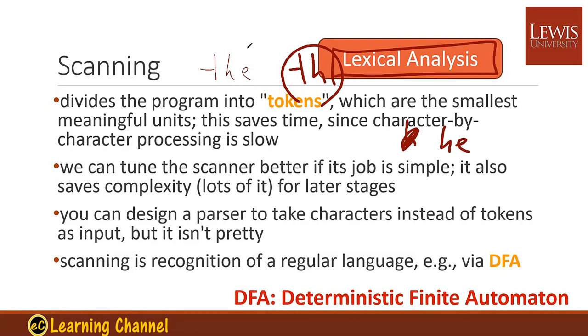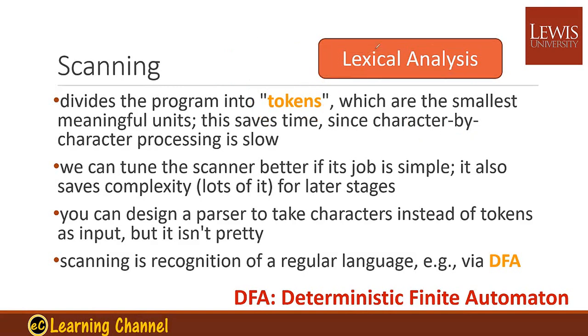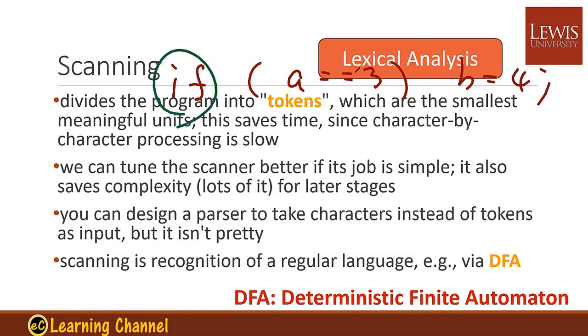So this stage deals with the tokens. What is a token unit? So let's think about if we have Java language, if A equals 3, right? B equals 4, something like that. This is a token, this is a token, this is a token, token, token.